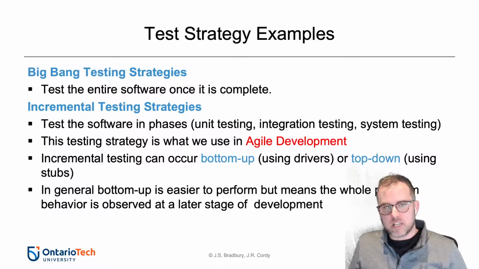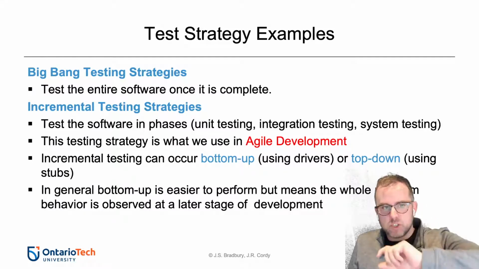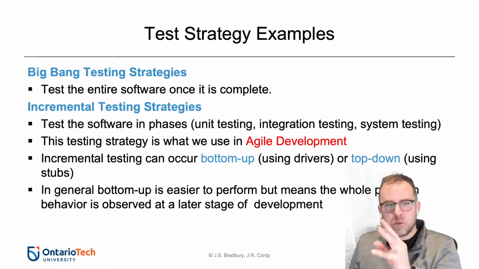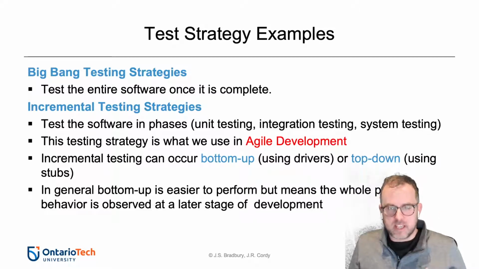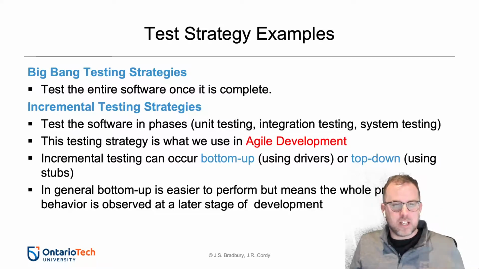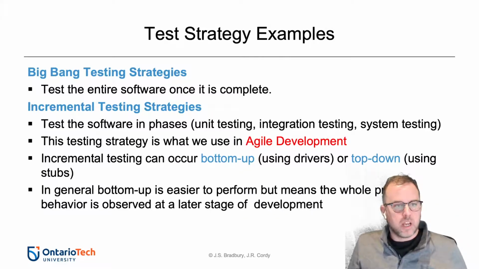The parts of the system that are missing, maybe I haven't implemented how to do withdrawals, or transfers, or whatever, I put stubs in for those, meaning little placeholder functions that don't really do anything. They just provide back a typical value, and we'll build them in later and then test again. So you increment by filling in the gaps of the stubs in top down, versus bottom up, using drivers to test pieces and then putting them together after.